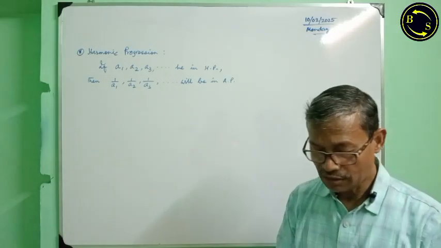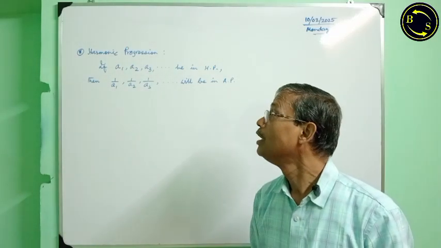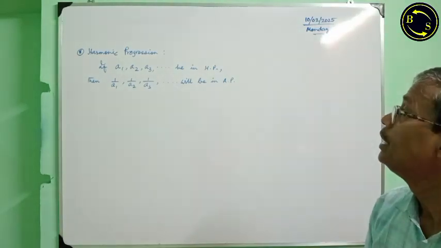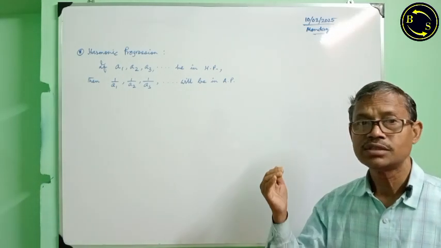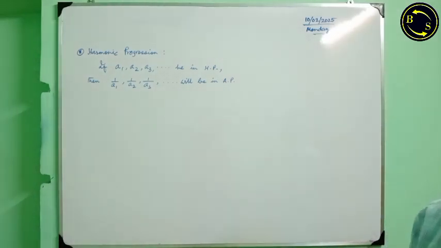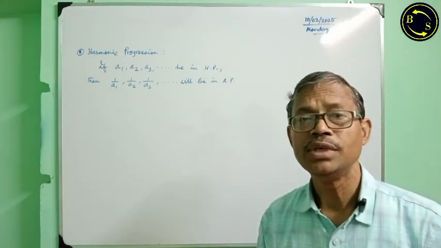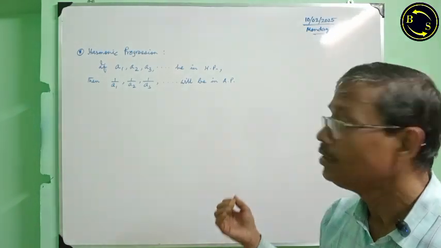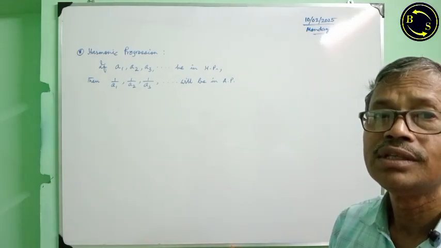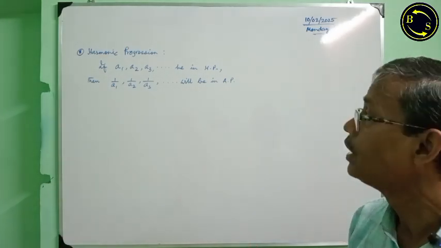This is the basic idea of harmonic progression. If given numbers be in HP, then you consider the reciprocal of the given numbers, those will be in AP. Then we can use the properties of AP.